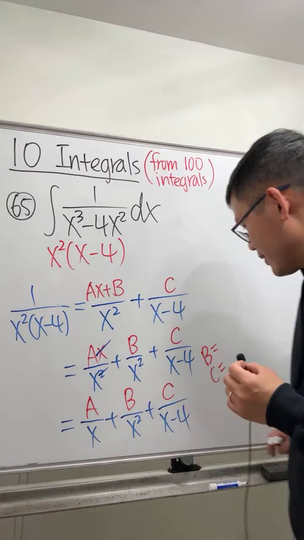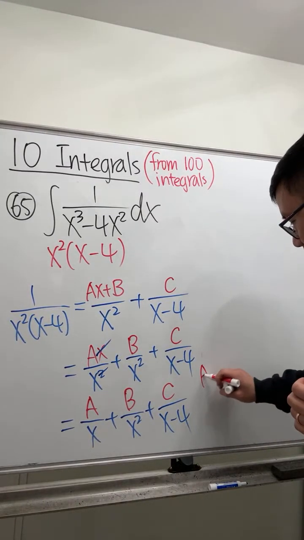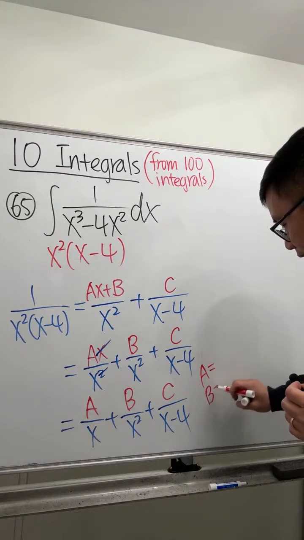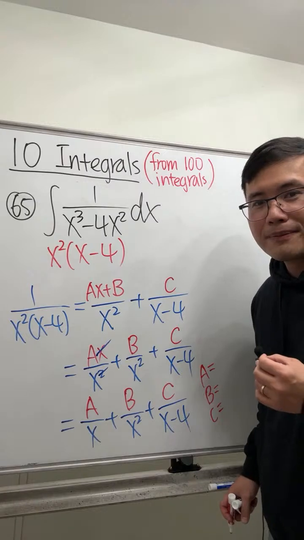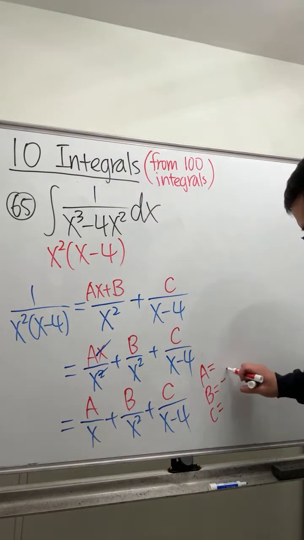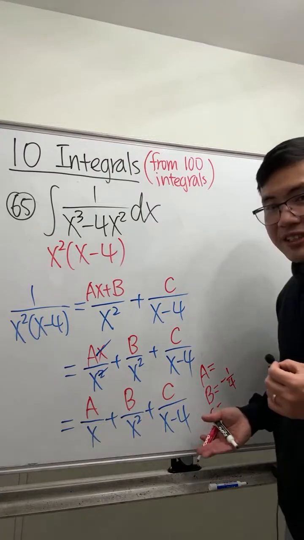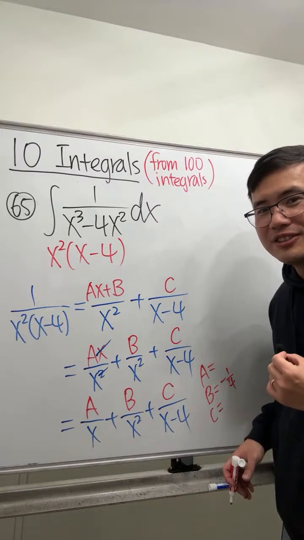All right, I'll wait for you guys. If you guys figure out A, B, and C, then we'll call it for the day. Okay, what's A, B, and C? B is negative 1 over 4. I haven't checked it yet though, so I'm just going to write down whatever you guys have on the chat.